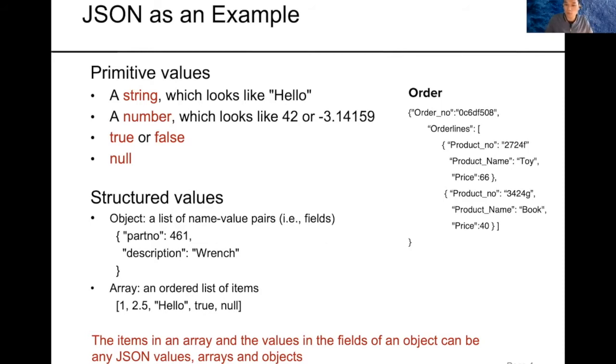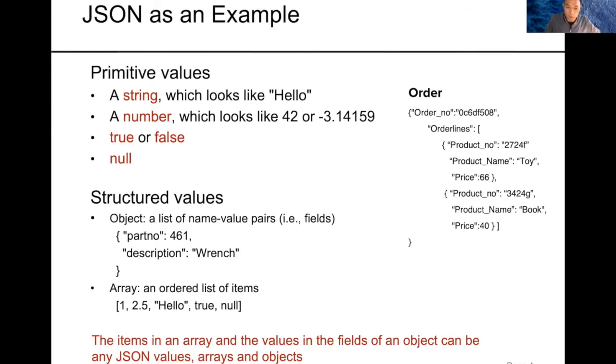It also could be a structured value, such as an object or array. Objects are a list of name-value pairs. Here is an example of an object that describes some information about a part number.